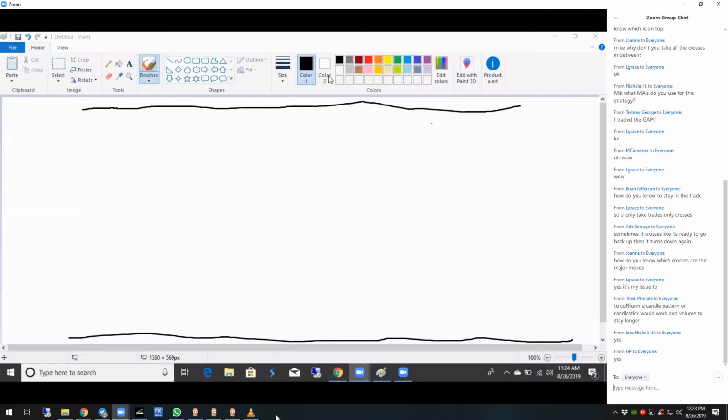Okay, I'm about to show you guys how you would know that you can stay in a trade versus get out of the trade as it progresses. Yes, you're looking at it on TradingView charts, looking at crosses and stuff like that.